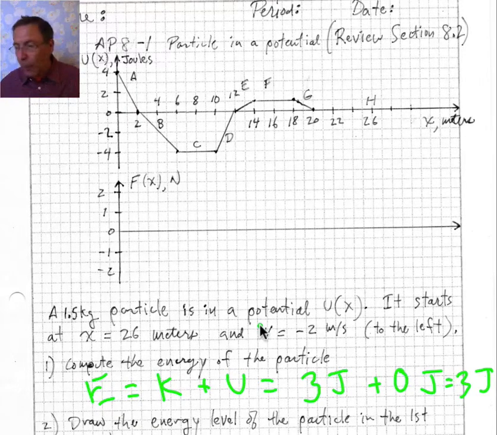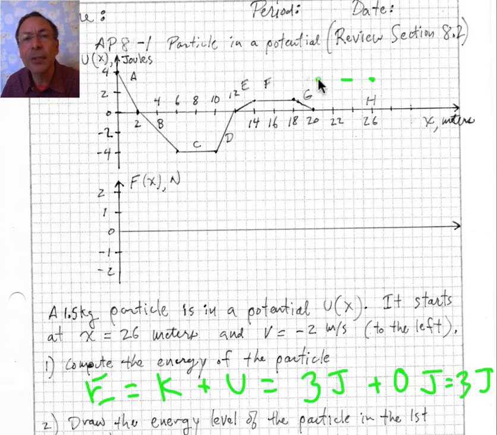Now, number 2 says, draw the energy level of the particle in the first graph. So what you need to do is have printed out a copy of this paper, and you're going to need a ruler. Here it is, I found my ruler. You're going to put the ruler at 3 joules. So here we go, 1, 2, 3. All right, 3 joules, and draw a dash line.